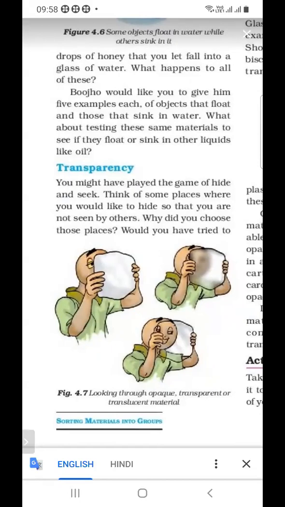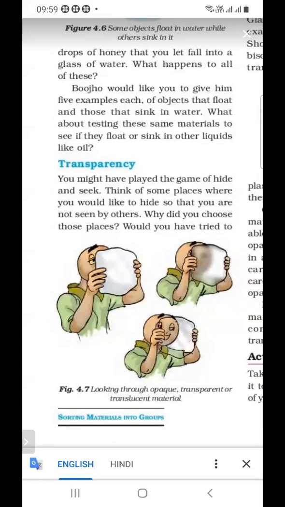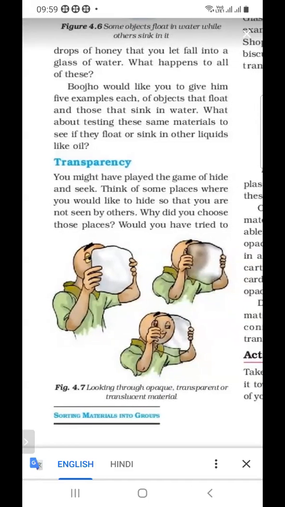The objects in which we cannot see anything are called opaque objects, the objects in which we can see easily are called transparent objects, and the objects in which we can see partially, for example in figure 2, are translucent. So the first figure is an opaque material, the second is a translucent material, and the third is a transparent material. So there are three types of objects: transparent, translucent, and opaque.